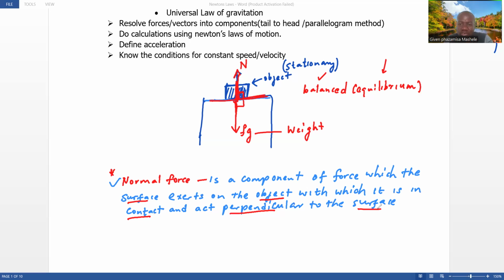So it's very important to be able to define this. Usually in the exam, for both grade 11 and 12, they can ask you to define what a normal force is: the component of a force with which the surface exerts on the object, with which it is in contact, and acts perpendicular to the surface. That is a normal force.